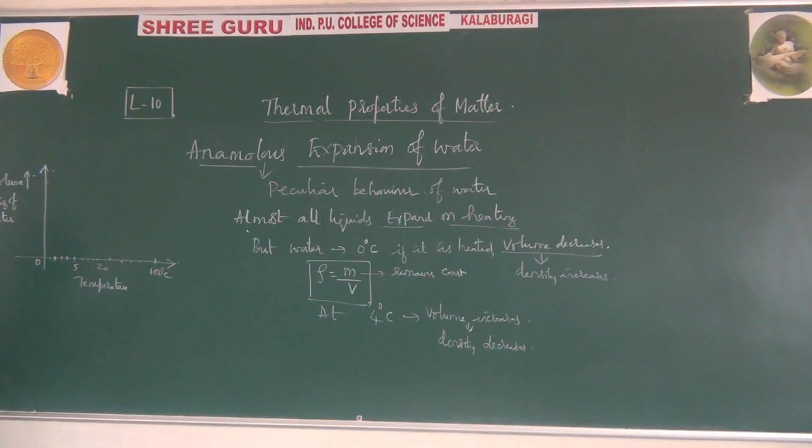Now let me show that volume decreases, but density is increasing. So naturally what shall I show in this formula? At 4 degrees centigrade. Here this is 0, 1, 2, 3, 4. And at the remaining temperatures, what happens? It increases. So naturally I can show here like this.